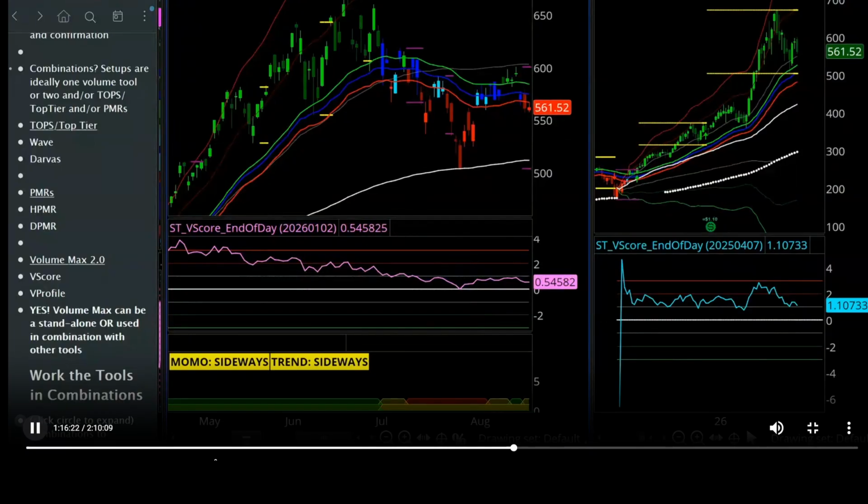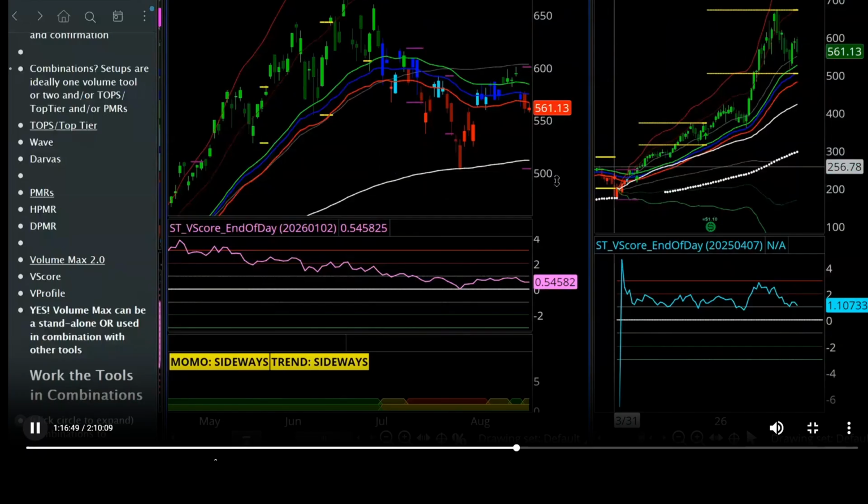Before the sell-off, again, we had some highs up in here, but these are in the trend. Do I care about VScore resistance in a trend? Only if I need a target. So let me say that again. Do I care about VScore resistance in a trend? Only if I need a target, right? So there's no reason to short this.